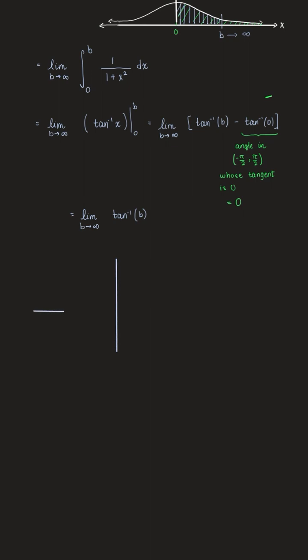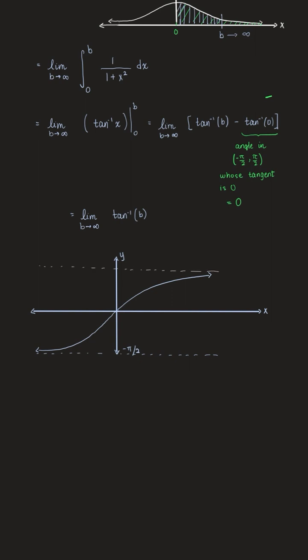So it's the tangent function between negative pi over 2 and pi over 2 that's been reflected over the line y equals x, and it looks like this. It has asymptotes at positive and negative pi over 2. So this lower asymptote here is at the angle of negative pi over 2, and this upper asymptote lies at the angle pi over 2.